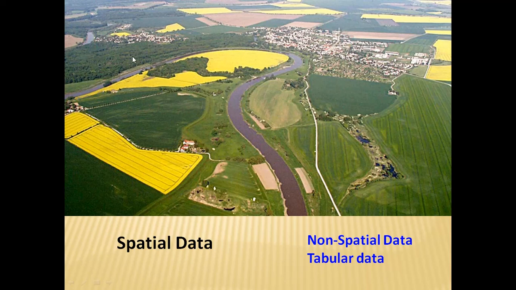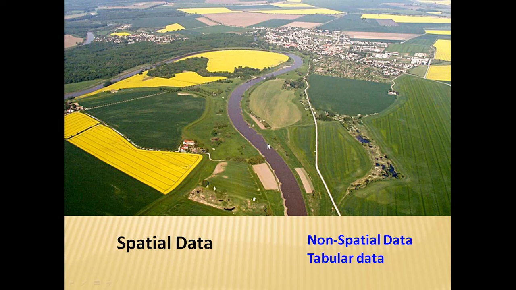This area is the forest area. This dark green represents the forest area. This is the road network. These settlements indicate a village. So you have to find out in this image forest, agriculture lands, river, road network, and village.